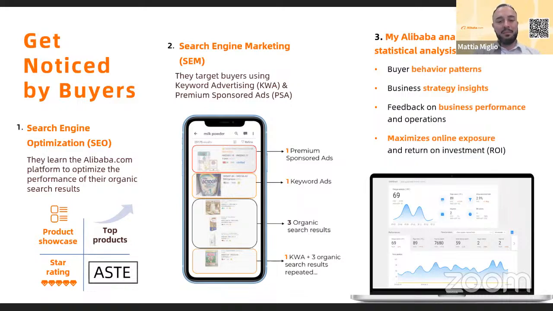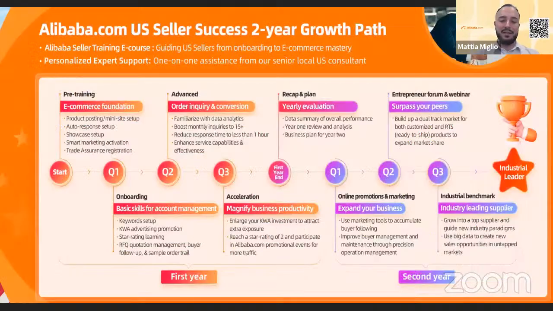I'll give you an example of an Italian seller, Barilla, that you probably know is one of the biggest pasta producers in the world, but is using our platform for the data that our platform has, because in this way they have real-time data of the buyers' behavior and the pricing of their product in different countries.